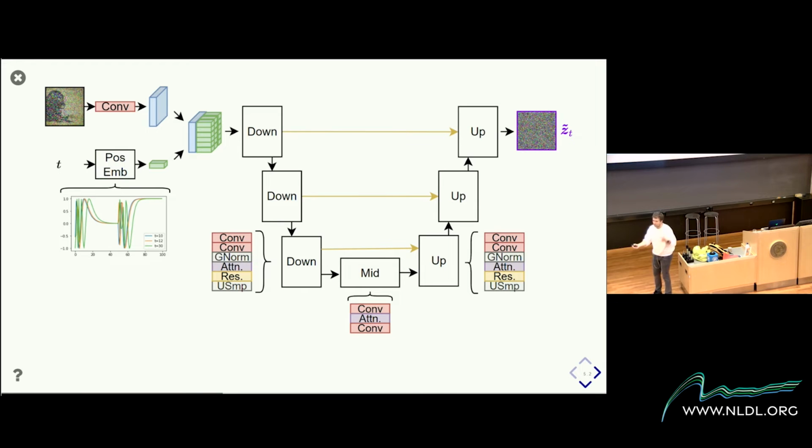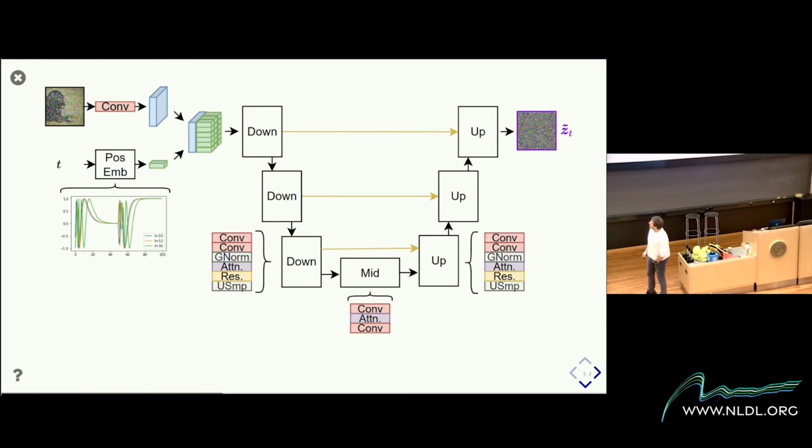Here is the upsample block, because when we go down, we reduce the dimensionality, and when we go up, we go back to the original dimensionality. So this should be a downsample, not upsample. But besides that, all the other parts here are quite standard stuff, like convolutional blocks, group normalization, some attention layers, and some residual connections, which are these yellow lines.